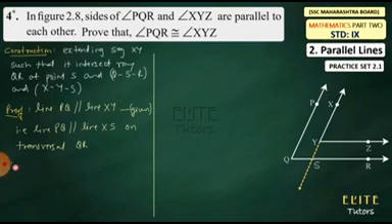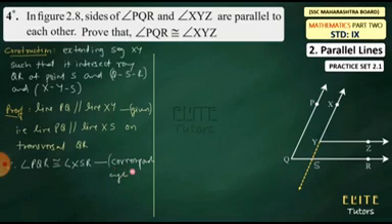So PQ parallel to XS on transversal QR, so angle PQR is congruent to angle XSR by corresponding angles, forming an F shape or taking the same position in the figure. By corresponding angles, I will give this as 1.